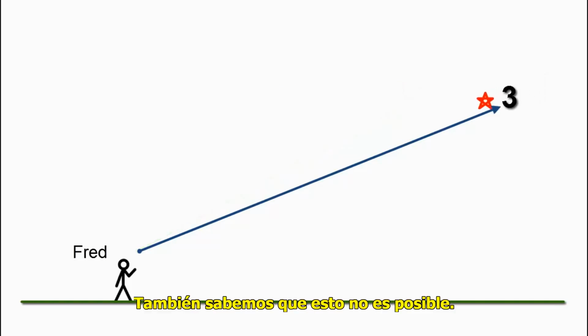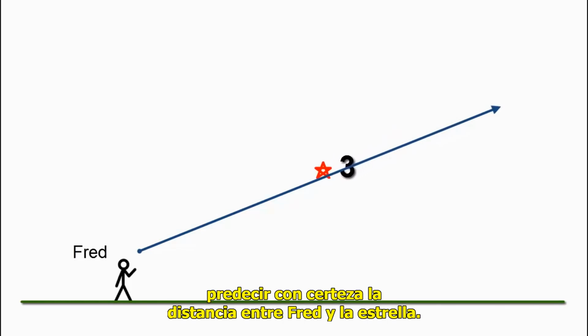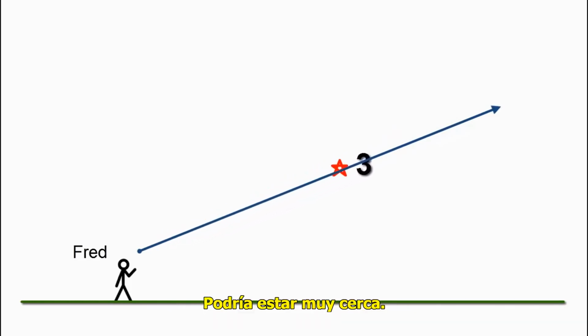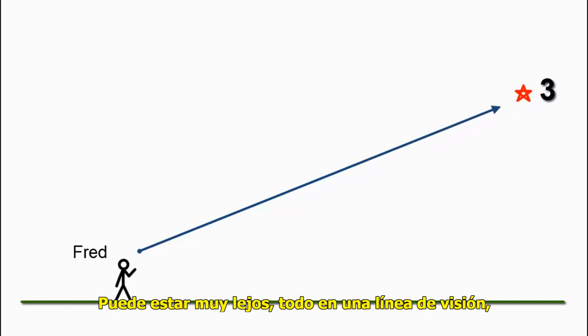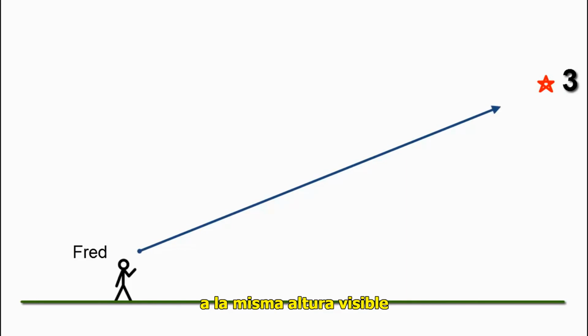We also know that it's impossible to predict with any certainty the distance between Fred and the star. It could be very close, it could be very far, all on the same line of sight, at the same apparent altitude, from Fred's perspective.